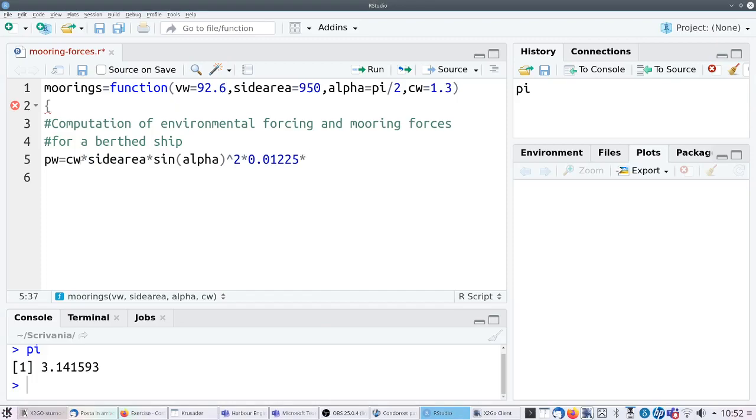Wind velocity is given in kilometers per hour. So we need to convert it to meters per second. So let's write Vm divided by 3.6. This is the conversion factor. Okay.